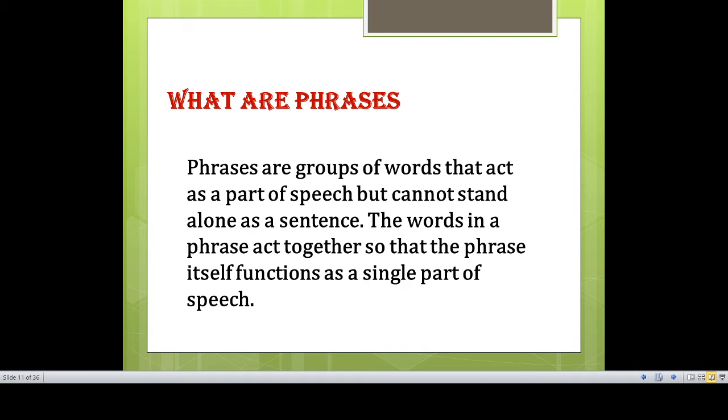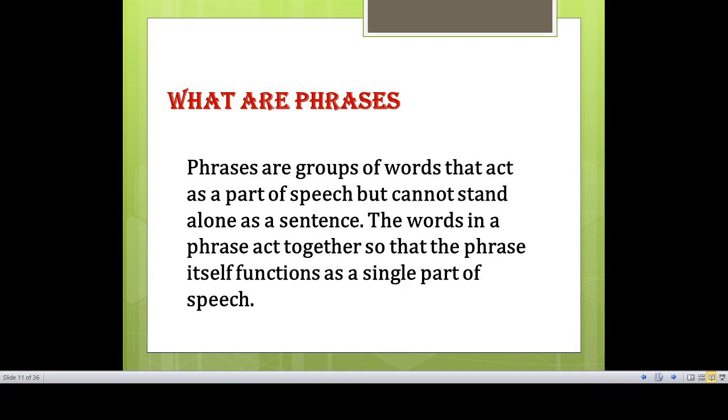But do they make meaning out of that? No, they don't make much sense. Something is being talked about grammar or parts of speech, but then you don't know because there should be something else on which you can add or stick this particular group of words as a single part of speech.